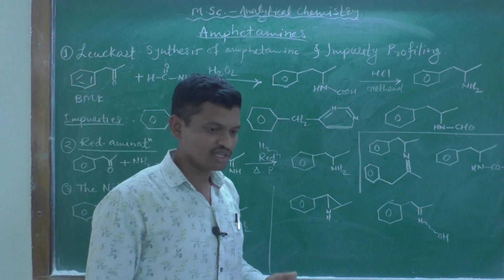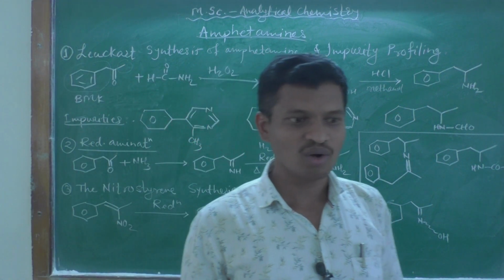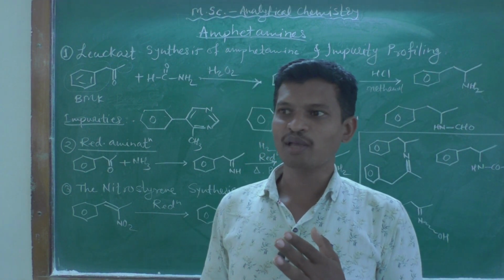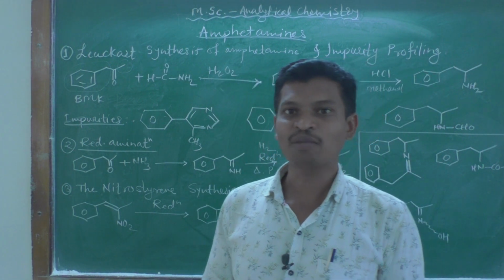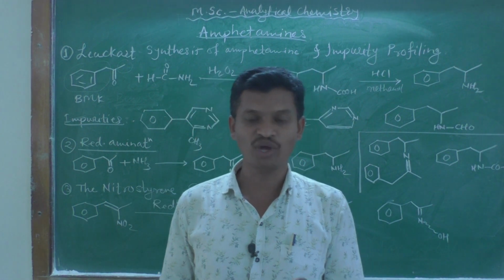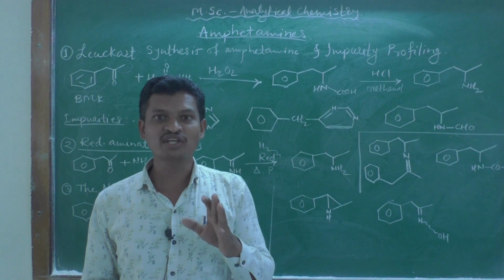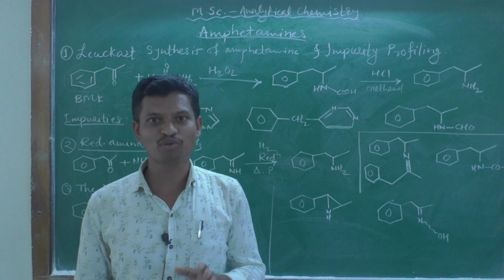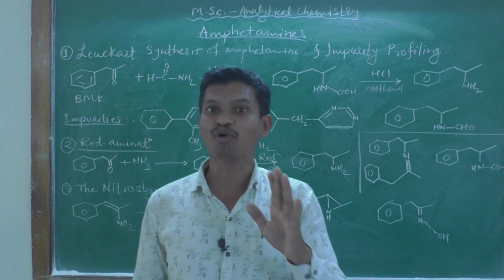In any synthetic method or in any production, some particular impurities are produced, and that impurity produced in that particular reaction we have to analyze. We have to clarify which type of impurity is produced in that particular reaction. This is the important case from the analytical point of view.